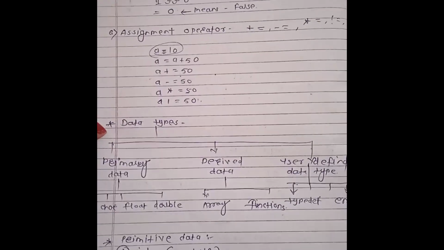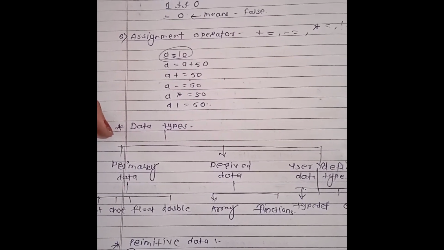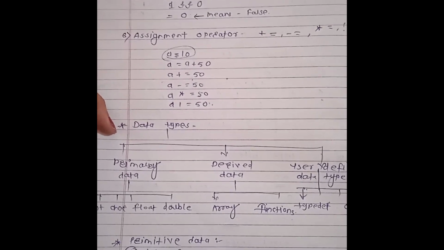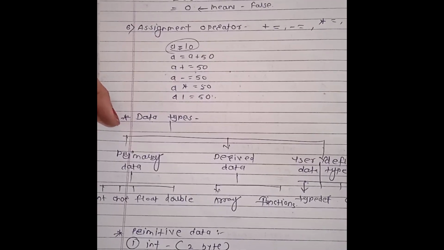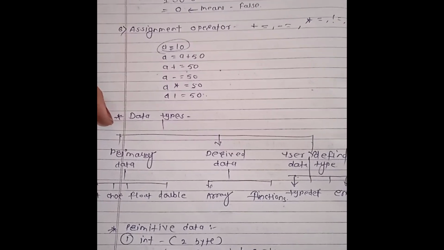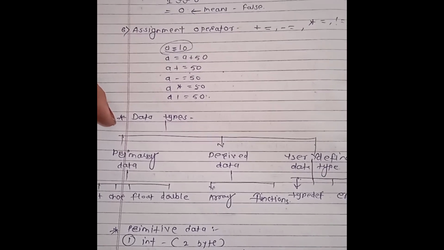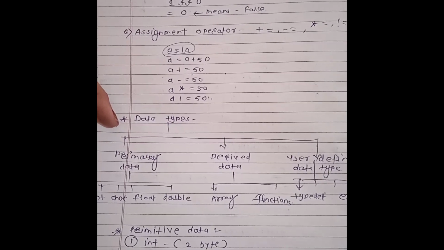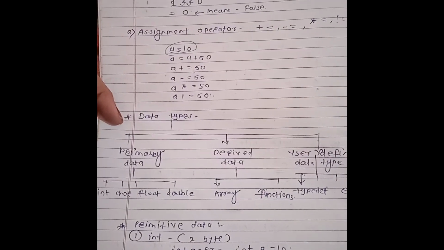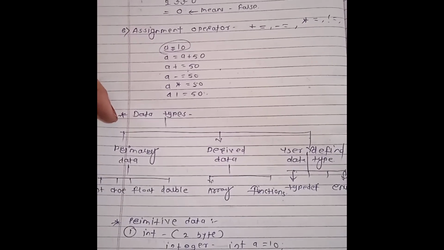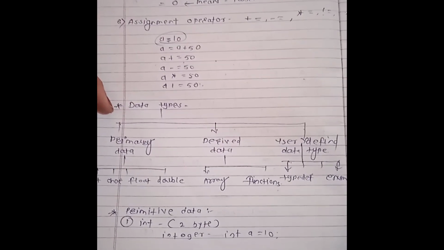Then logical operators. In the logical operators we also use double and, double or, and not operators. For example, a equals 20, b equals 80, a is less than b, and a is greater than b. 1 and 0 means a false value.